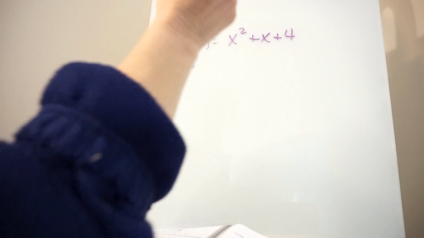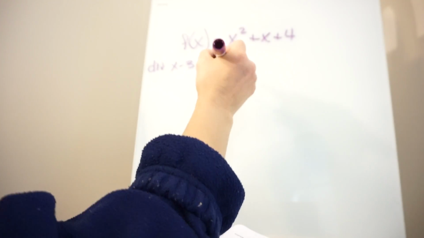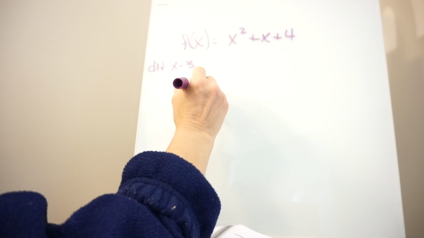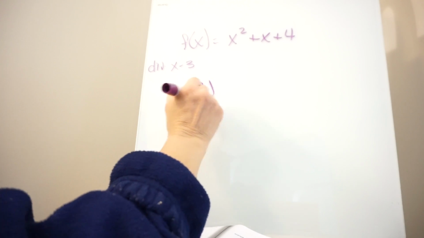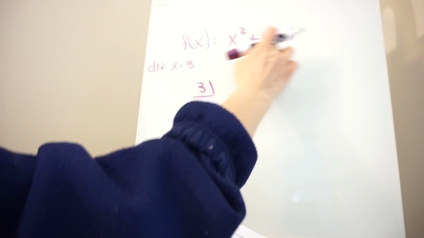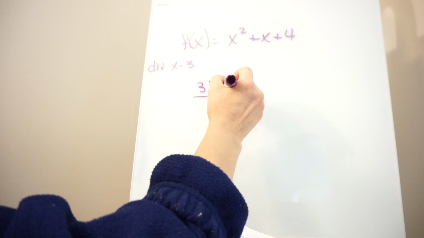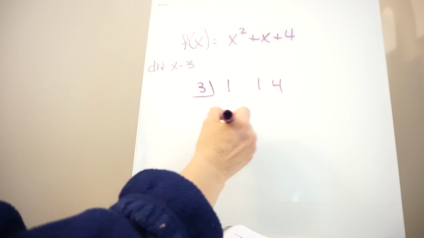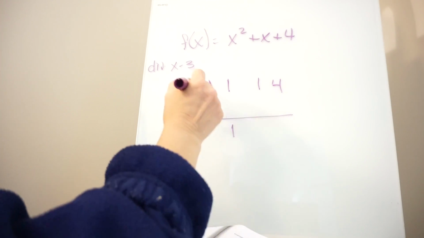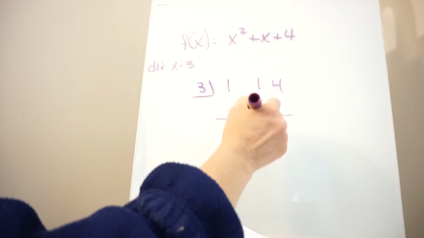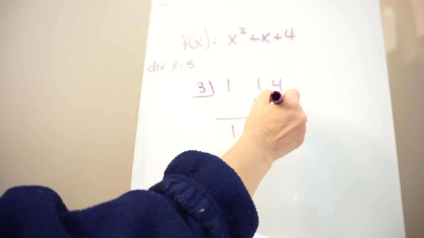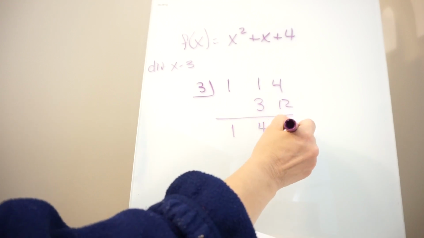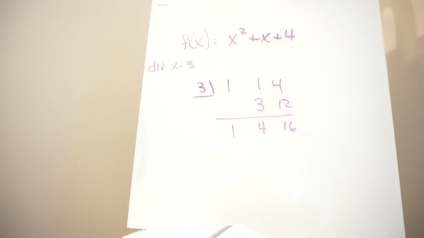So we're going to begin by dividing. For dividing, our divisor we're going to use is 3. We don't have any missing terms, so we don't have to put any zeros in. So we have 1, 1, and 4. Use synthetic division. Bring this down. Multiply, add, multiply, add. So we have a remainder of 16.